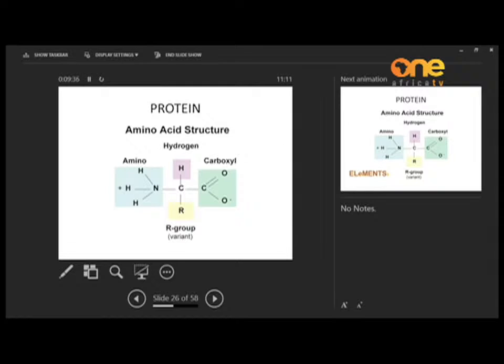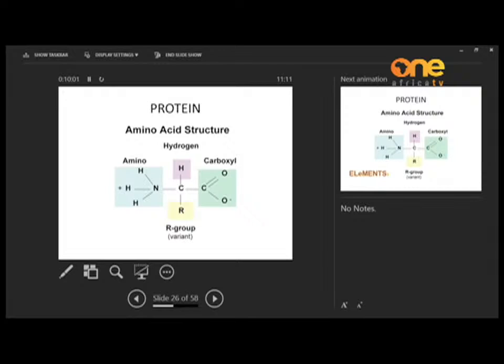We have the elements C, H, O and N, and then we can have S for sulfur, P for phosphorus, Fe for iron, which can, in different proteins, be part of the molecule. Are we good? Yes? Okay.